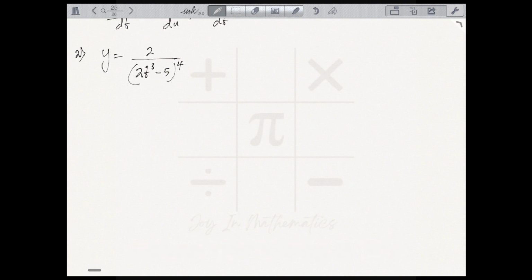In the law of indices, we know that 1 divided by x raised to power n is equal to x raised to power minus n. Okay, so this can be rewritten as 2(2t cubed minus 5) raised to power minus 4.